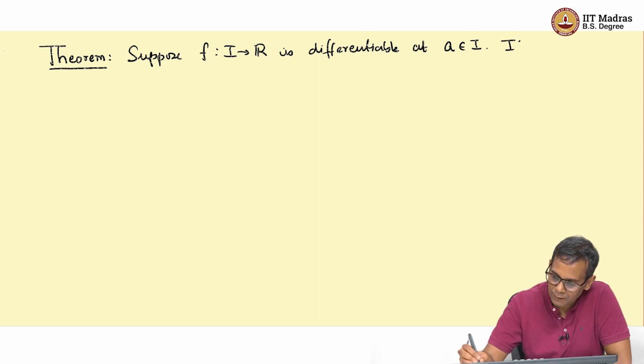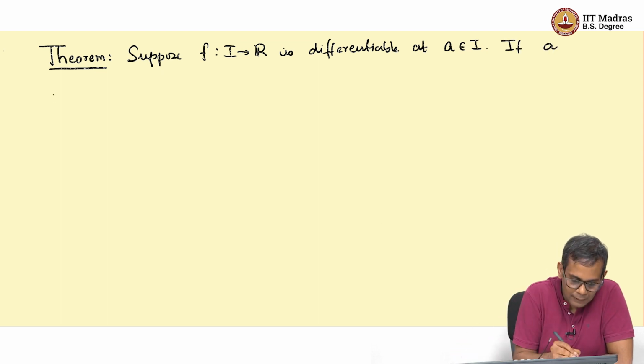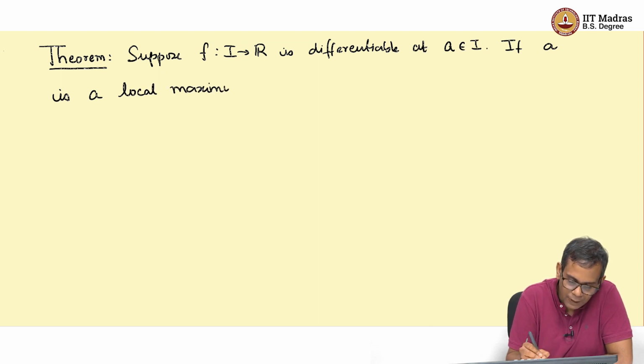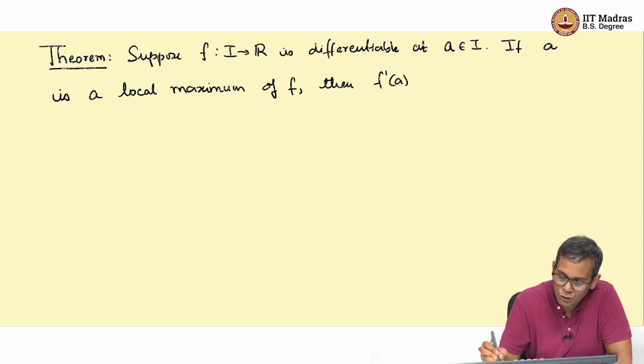Then if A is a local maximum of f, then the derivative of f at A has to be 0.